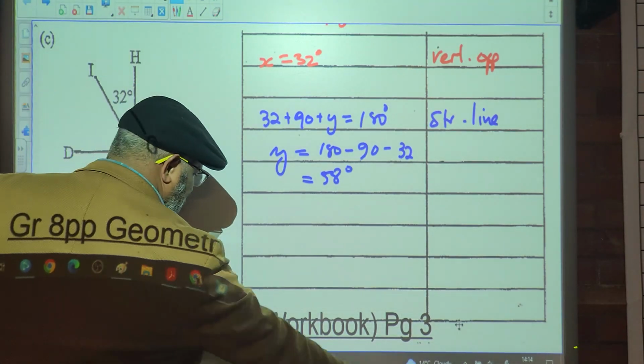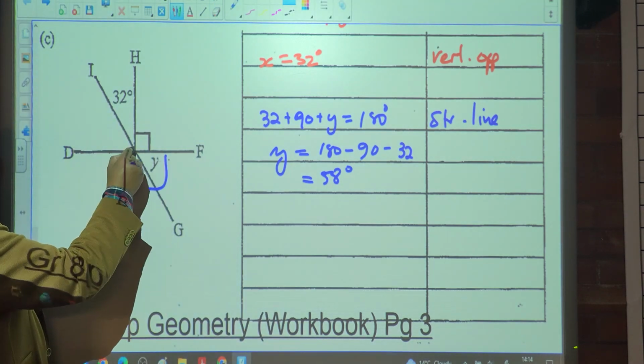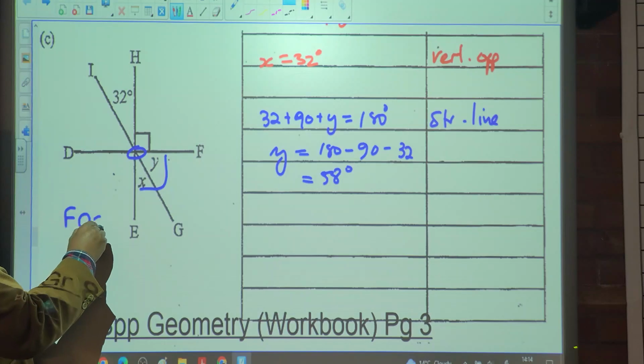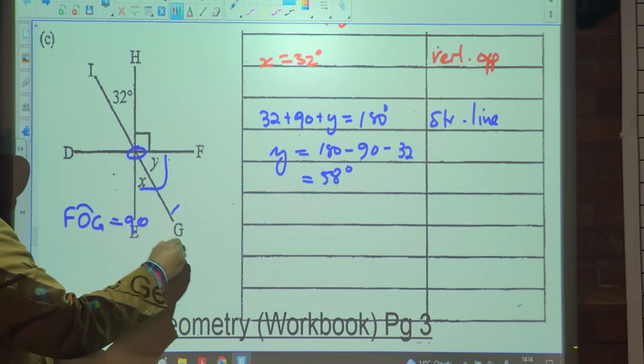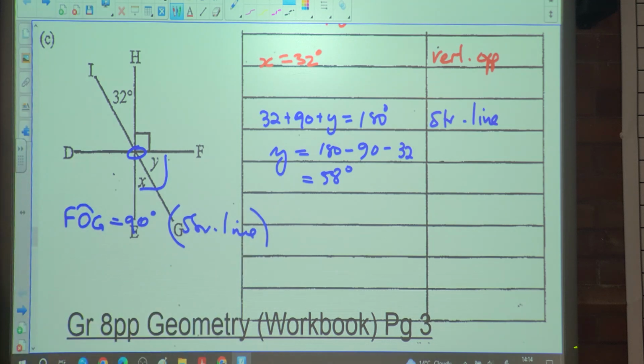So firstly, these angles are adjacent complementary. Did you say if OG equals 90, angles on a straight line? Did you say that? No. So you would have lost a mark. Out of those 2 marks, you would have lost 1 mark.